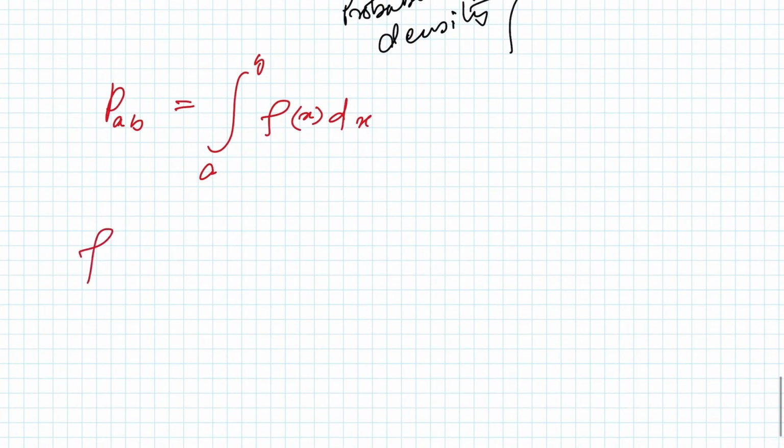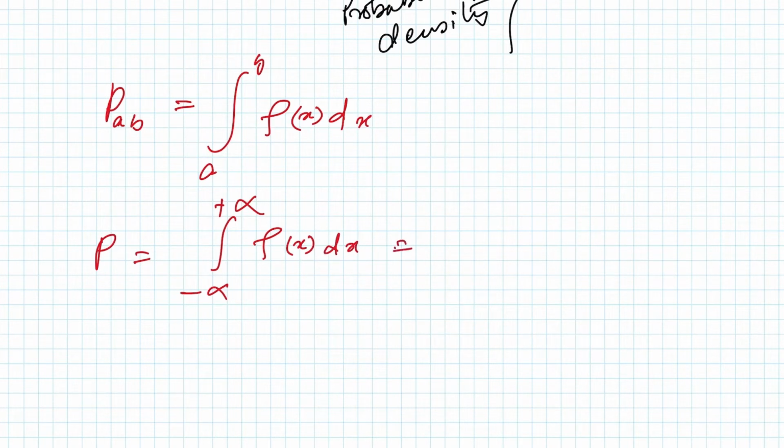Now if you increase the range up to infinity, from minus infinity to plus infinity, then this probability must be equal to 1, because it is certain. Okay, if you are going to find something in a very large interval, it is obvious that you're going to find that. Suppose, let me give you an example.